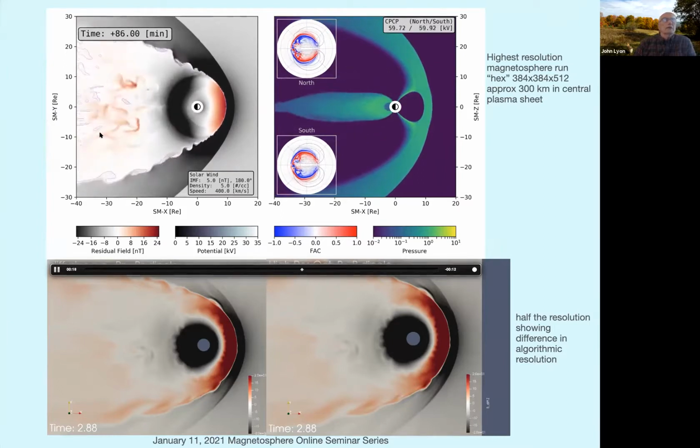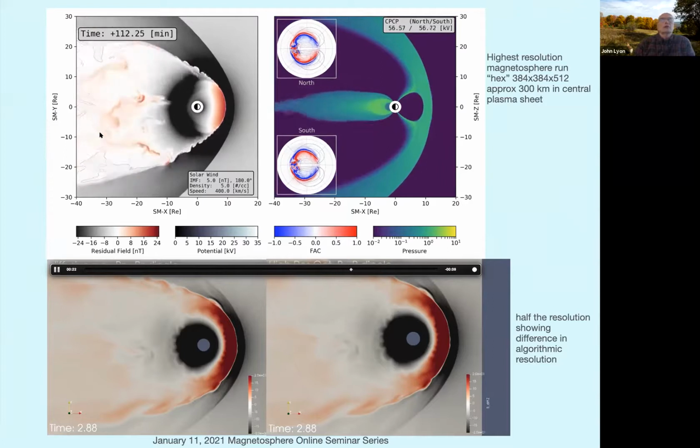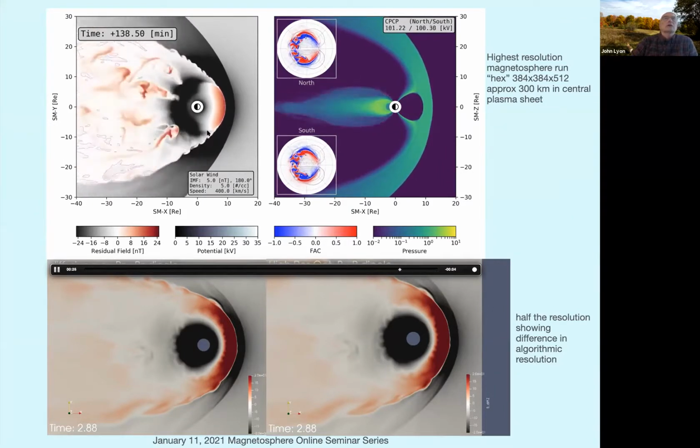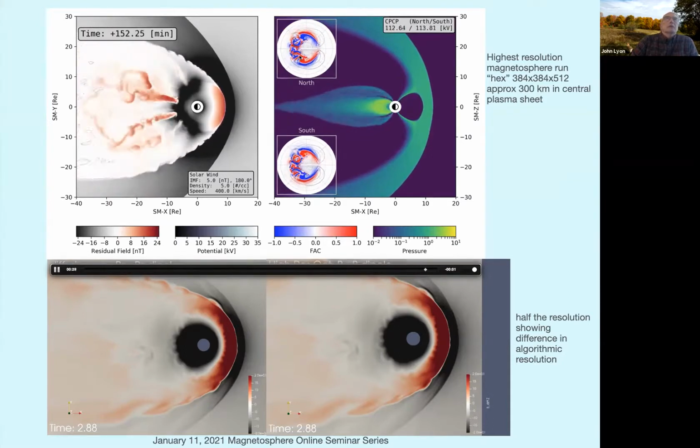essentially the magnetic field with the dipole taken off, pressure on the right-hand side in the meridional plane, and the solar and the polar caps, field-aligned currents and potential are shown in the insets. And you can see the huge amount of structure that you get.